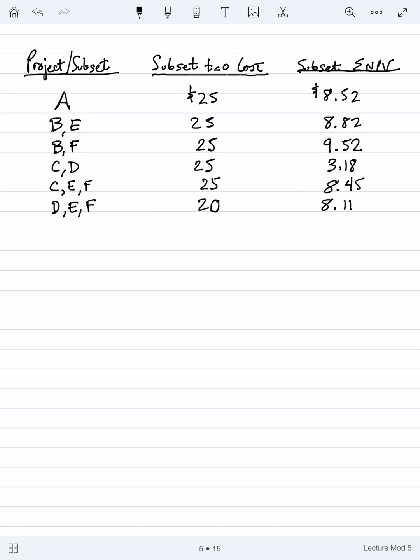So let's see, the issue is, where is my net present value maximized? 9.52 is the use of $25 million to generate new wealth for stockholders, 9.52 million. So that's indicating to us that we should be installing projects B and F. So here the firm is capital rationed.